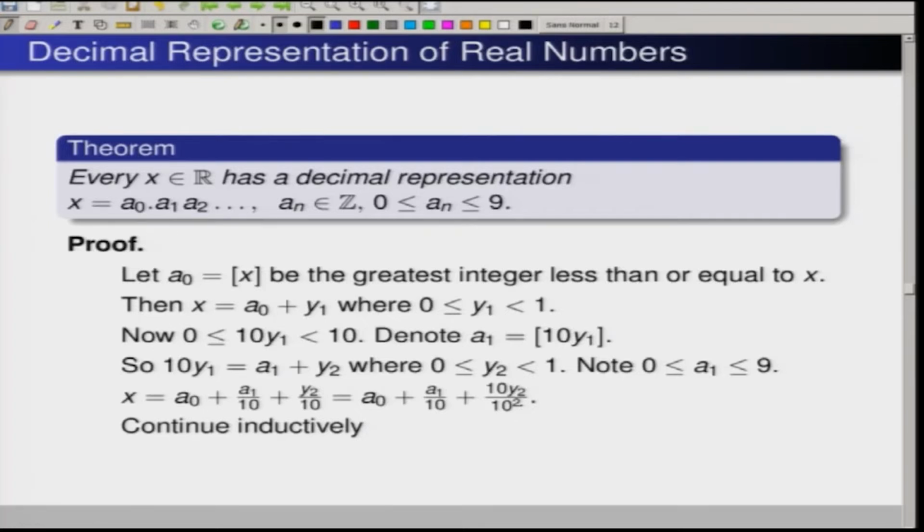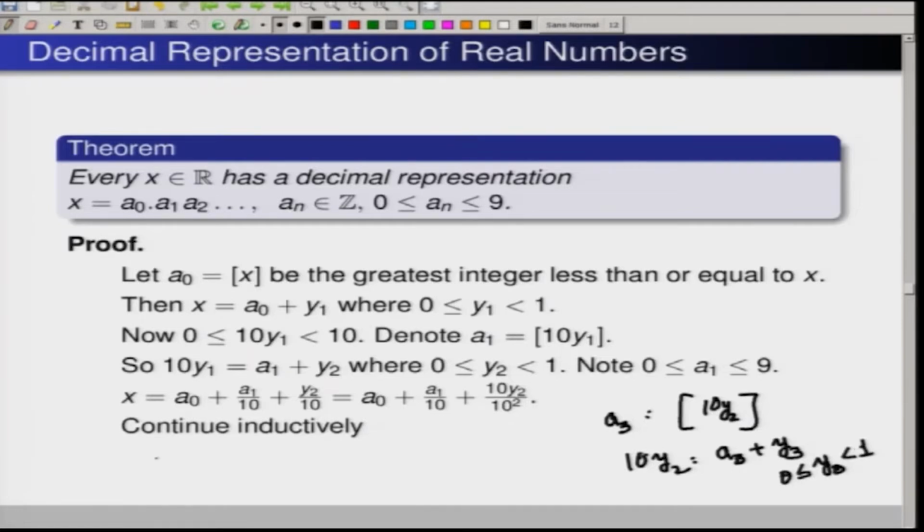Now, look at 10 y 2. Take its greatest integer, call it a 2, then 10 y 2 is going to be a 2 plus y 3. Now, this y 3 is going to be non-negative and strictly less than 1.